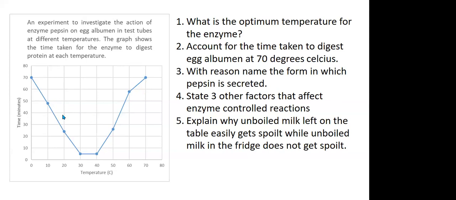We can also have pH here. We could have a similar graph, but instead of temperature, we substitute it with pH. So if we substitute it with pH, it would give us the same results. Like some of you have been doing practicals where you are working with, say, hydrogen peroxide, and then you have an acidic medium, and then here you have a neutral medium, and then I have an alkaline medium.